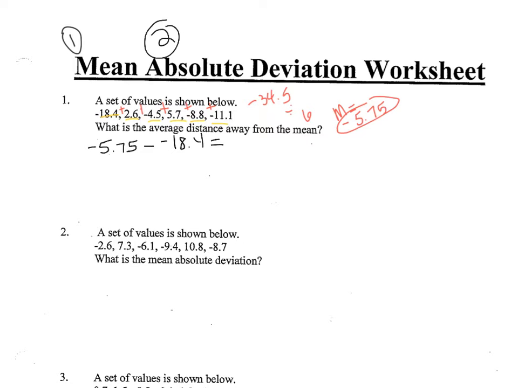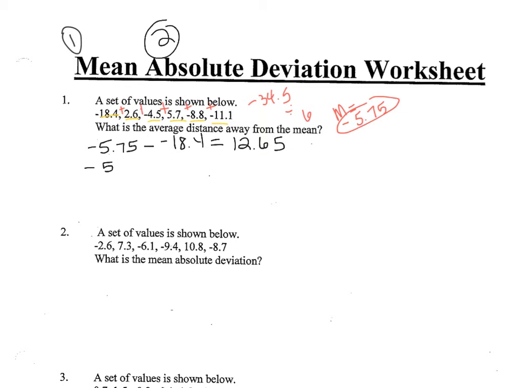I'm going to type in negative 5.75 minus negative 18.4, and I get 12.65.